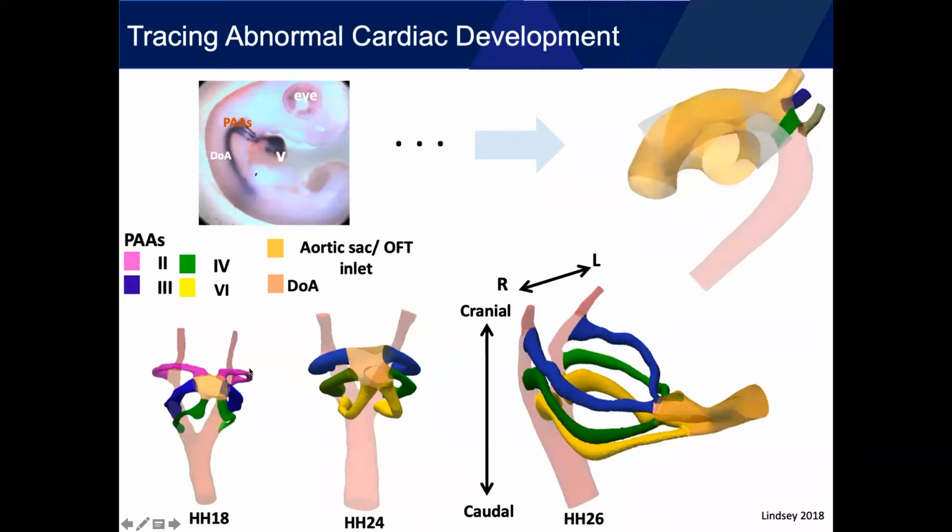So this 2 will disappear, that'll regress, your 6 grows in, and these are the mature pairs, and so they still have a lot more morphing to go through before they actually form the great vessels. Those are the stages we'll focus on.